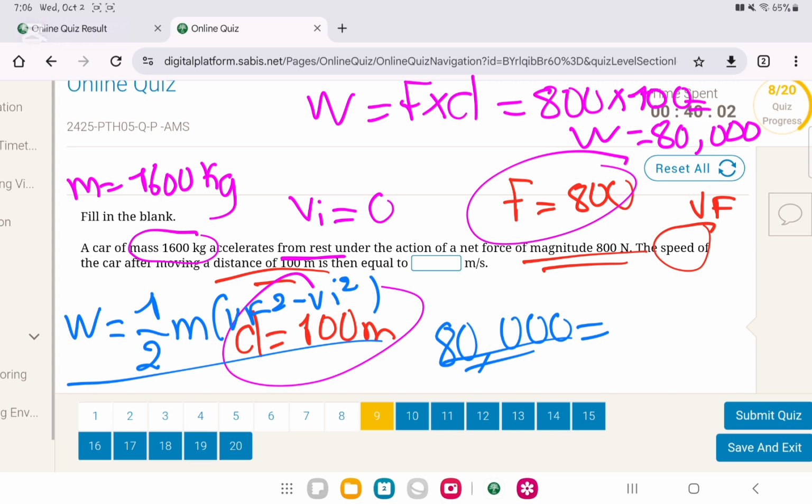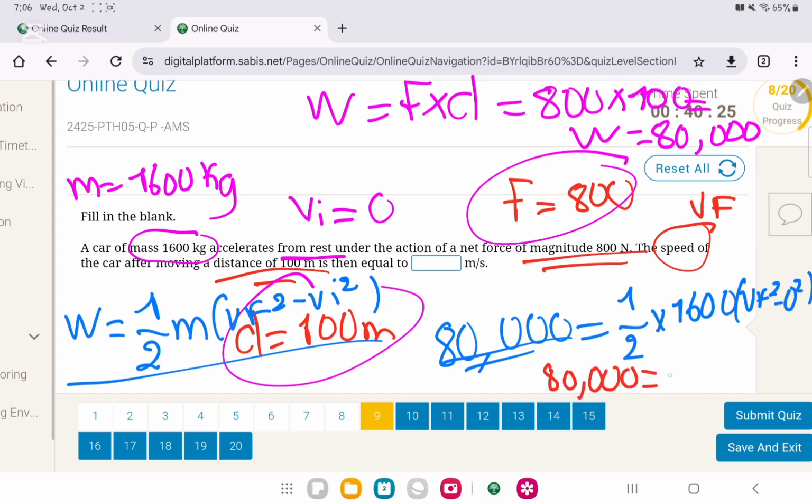If our work is 80,000, then it's equal to 1/2 times the mass, 1600, multiplied by v final squared, which we need to find, minus v initial squared, so minus 0 squared. Solving, 80,000 equals 800 times v final squared.